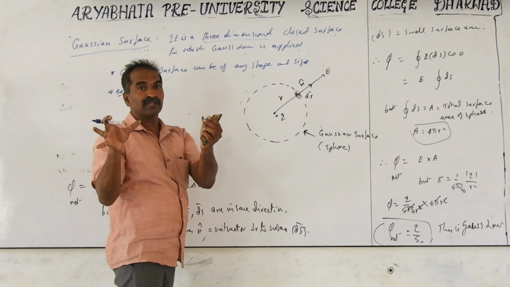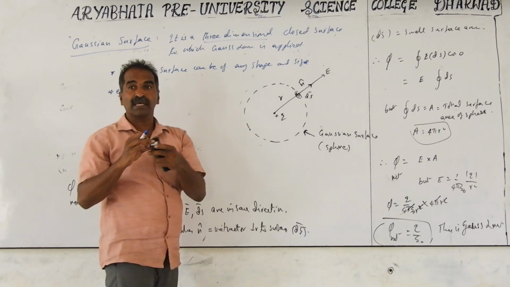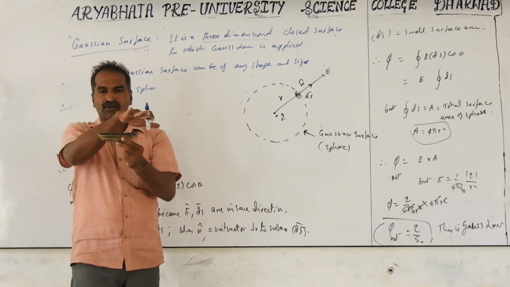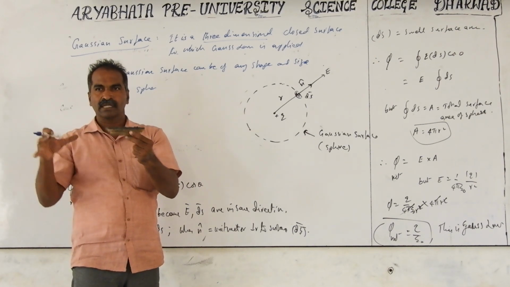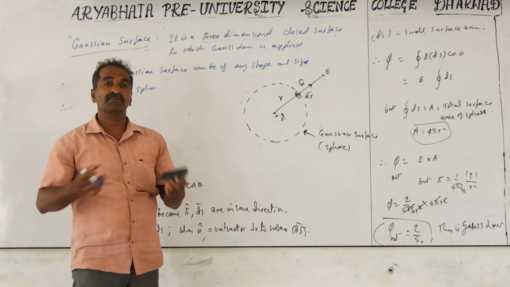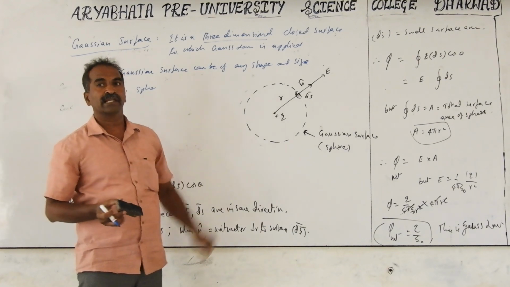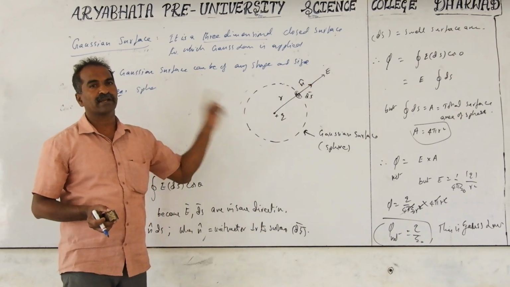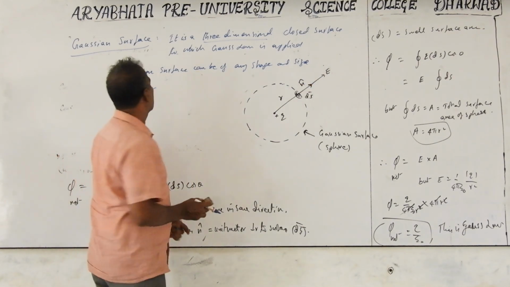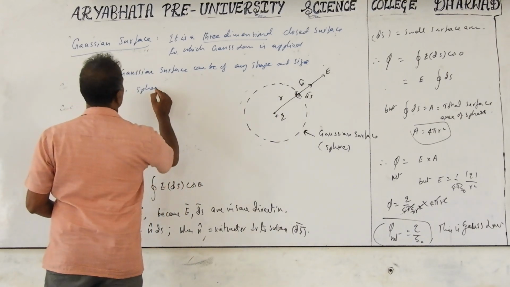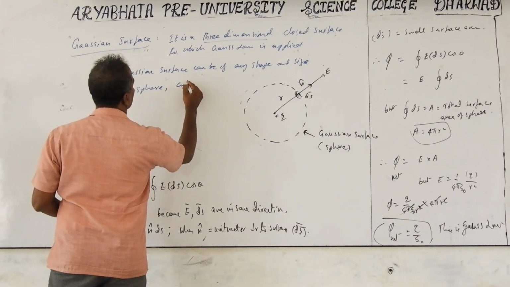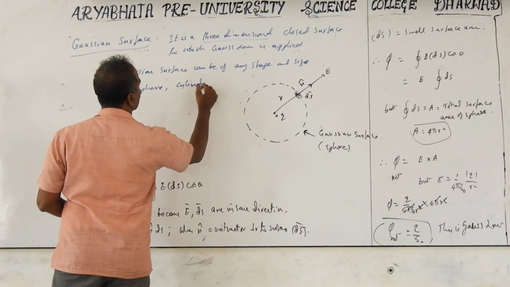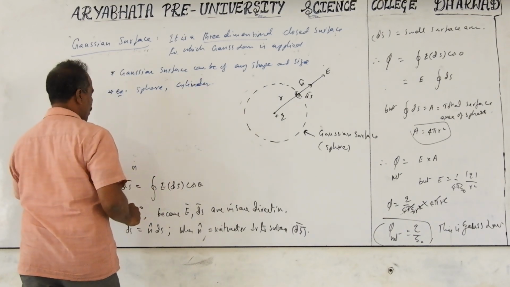I can take the radius to be any value. I need not take a sphere, I can take a cylinder also. Charge is inside, and I imagine the cylinder around it like this. Then that is also a Gaussian surface. A Gaussian surface can be of irregular shape also, not composed of regular ones. But for regular ones, it is easy to calculate; for irregular ones, it is difficult to calculate by this method. Examples: sphere, cylinder, cylindrical shape. They can be real or imaginary.